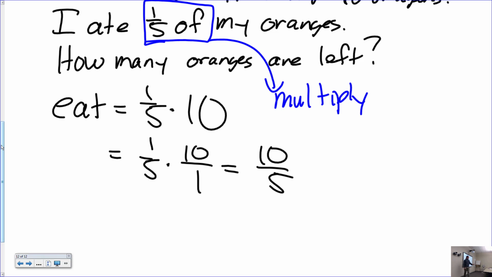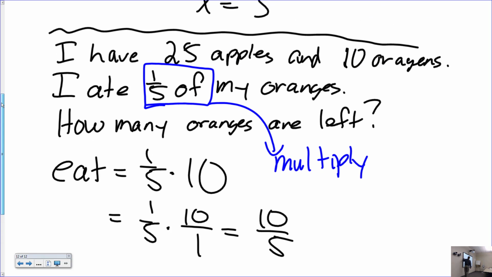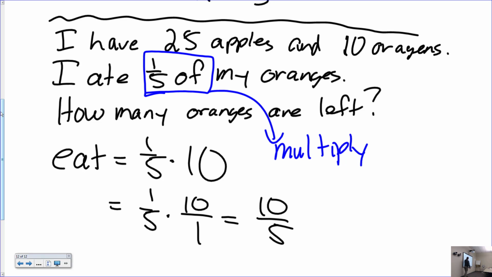And now what are we doing with the 10? Dividing by 5, which is the same as multiplying by 1/5. When I have students who do this problem, they tell me that in their head, they did not multiply by 1/5, they divided by 5. And I agree with you. But what you really did was take a huge mathematical leap and say, I know that multiplying by 1/5 is the same as dividing by 5.